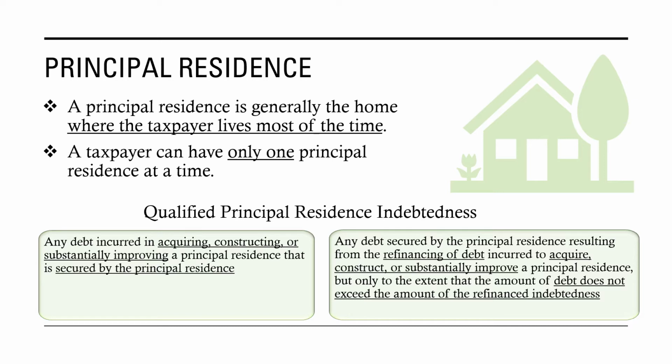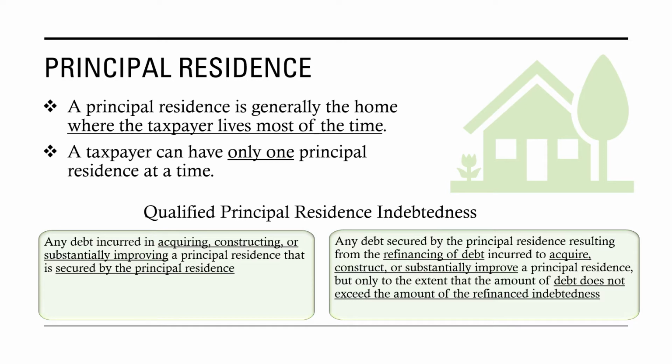So this is going to be largely a mortgage, right? And then an extension of that is that it's any debt that's secured by the principal residence resulting from the refinancing of a debt incurred to acquire, construct, or substantially improve a principal residence.